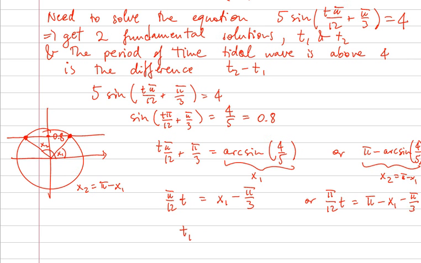And therefore t1 is equal to 12 over pi times x1 minus pi over 3, or t2 is equal to 12 over pi times, and this is pi minus pi over 3, which is 2 pi over 3, minus x1.